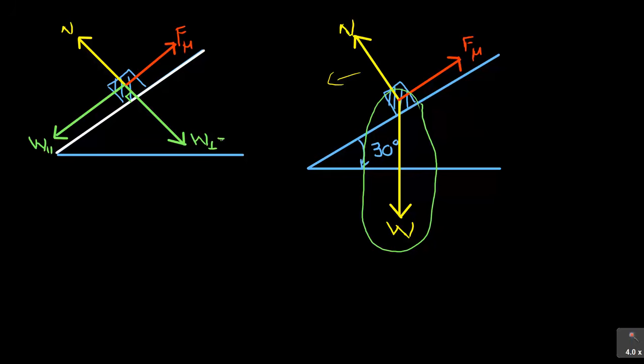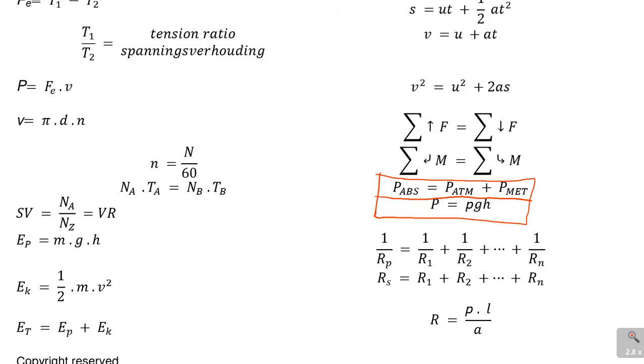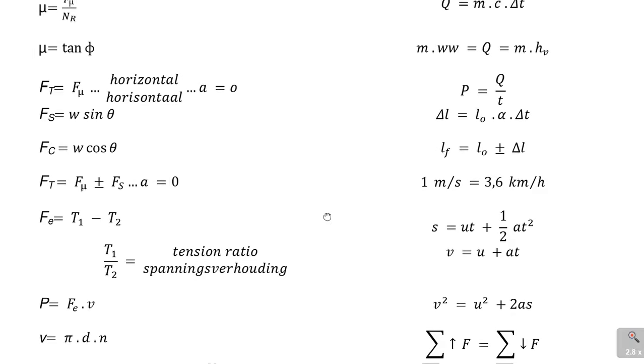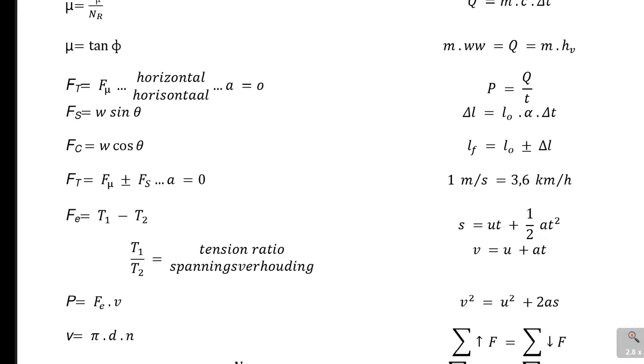But there is a formula for this weight perpendicular. If you go to your formulas, we can look at that component, and these are the formulas for that. As you can see, the one for the parallel and the one for the perpendicular.